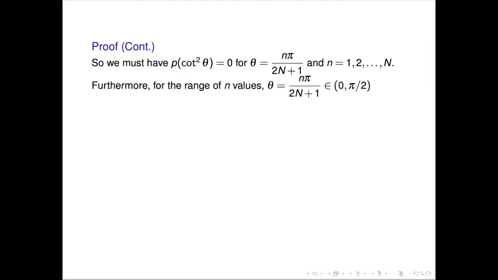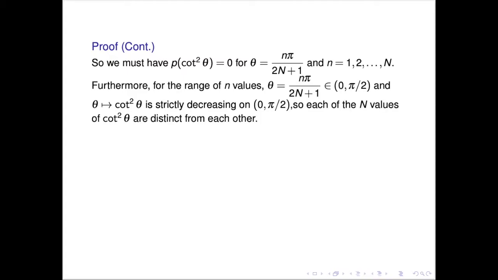As was remarked earlier, nπ/(2N+1) lies in the open interval 0 to π/2, and we also note that the mapping θ to cot²θ is strictly decreasing on 0 to π/2. So it follows that for all the capital N different values of little n, cot²θ attains a different value. So each of the capital N different values of cot²θ are distinct from each other.